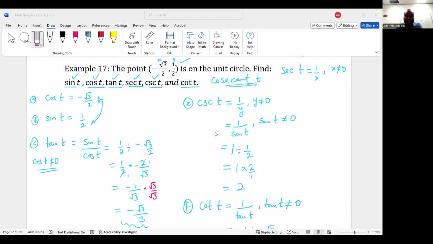Last time we were looking at other trigonometric functions. That is, we considered tangents of angles, cotangent of angles, secant of angles, and cosecant of angles, in addition to sine and cosine of angles. And we looked into some examples.